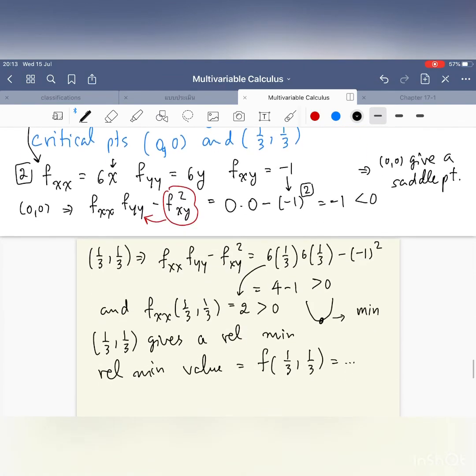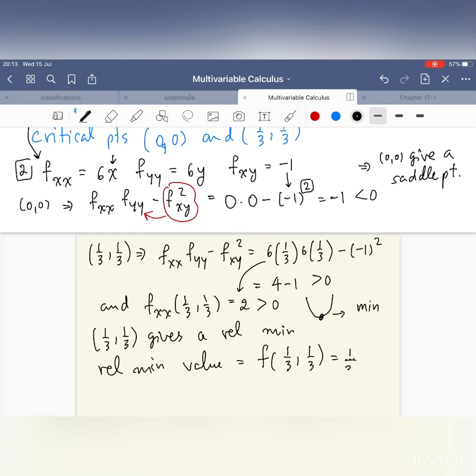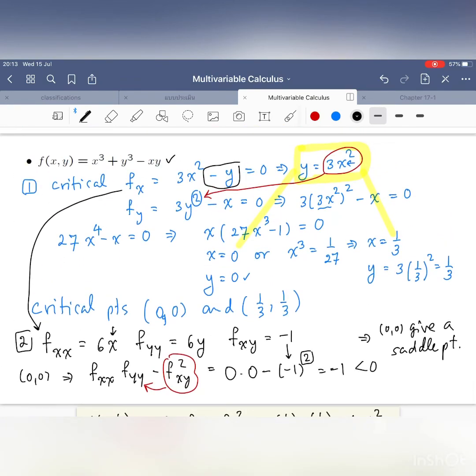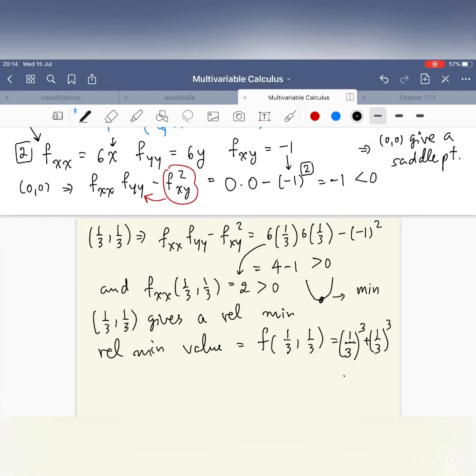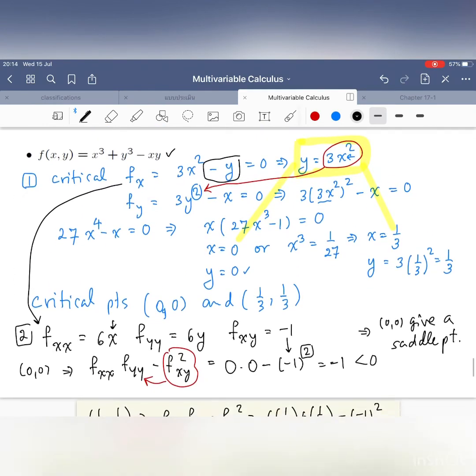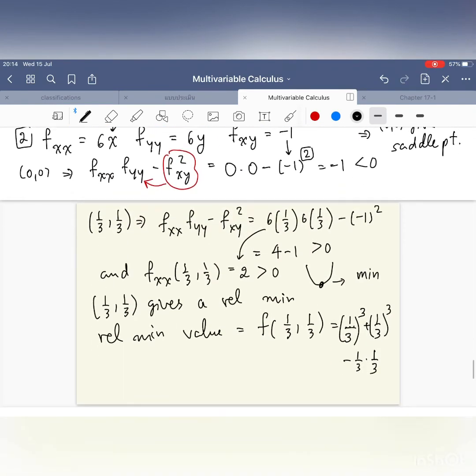In your exam, you are allowed to just plug it in like this, and no need to calculate anything. You just plug it in like that, so that I know that you know what the value is and where to plug in. That's all. That's good enough. We are not going to calculate anything.